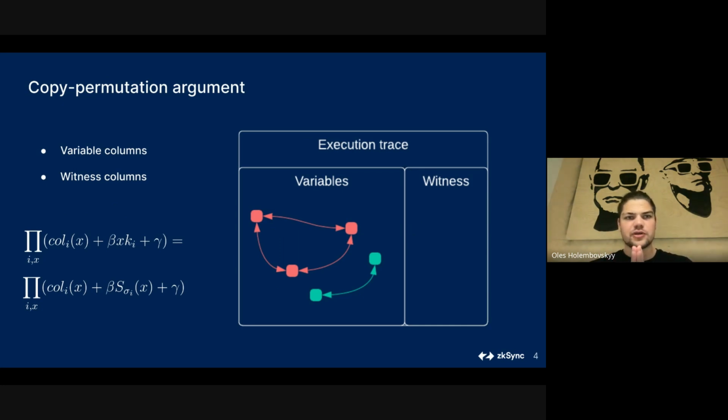The copy permutation argument allows you to prove equality of different cells. For example, in the picture on the right, you can see two green cells and three red ones, and the copy permutation argument allows you to prove that both green cells have the same value inside, and the same about red: the three red cells contain the same number.